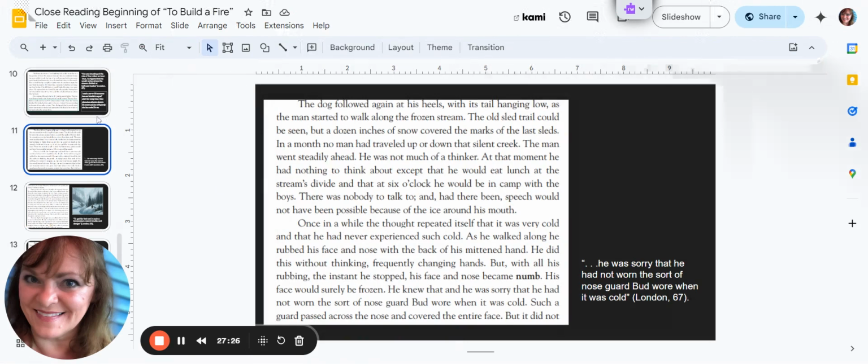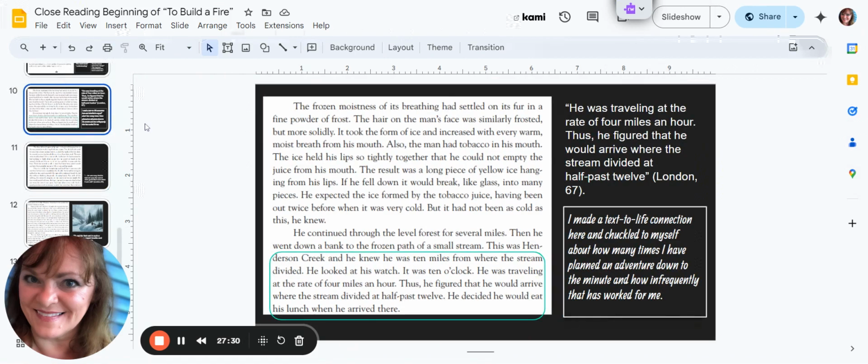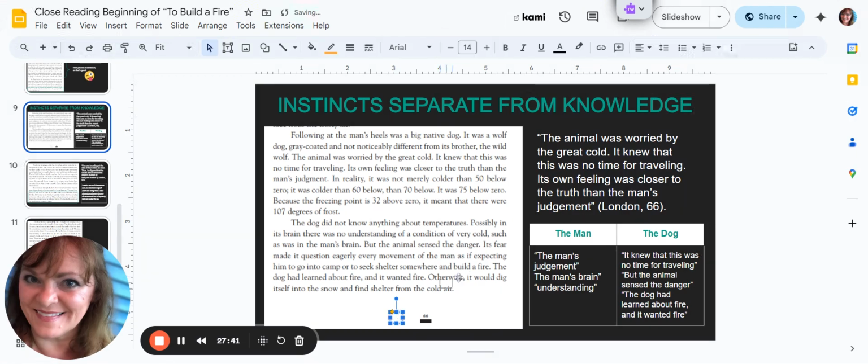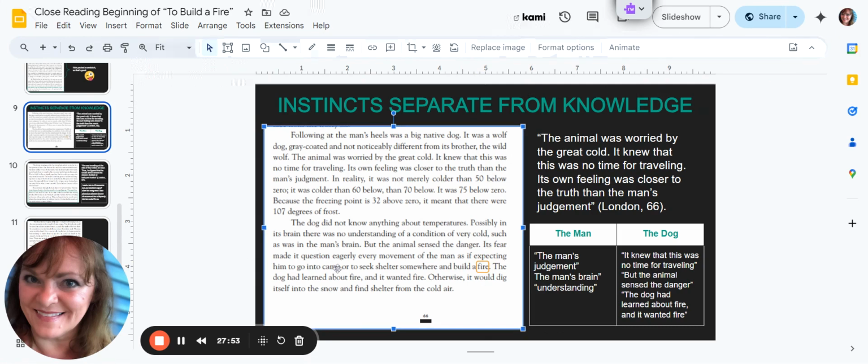I know it was part of it when the dog was mentioned. Here's one. Anyway, sometimes I think it's important to just keep track of where I keep seeing words repeated.